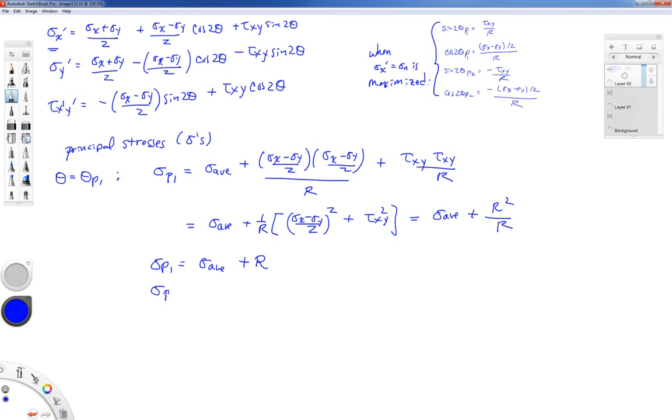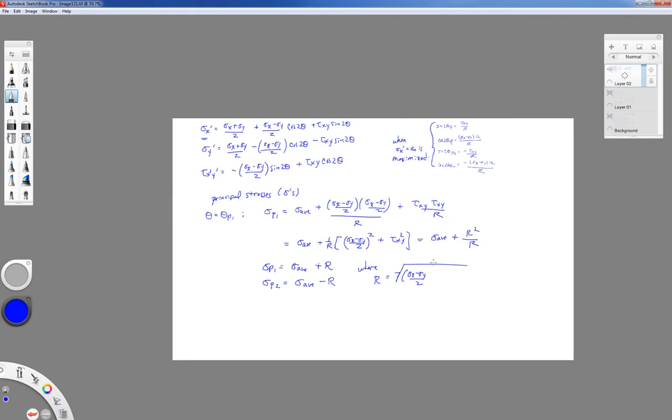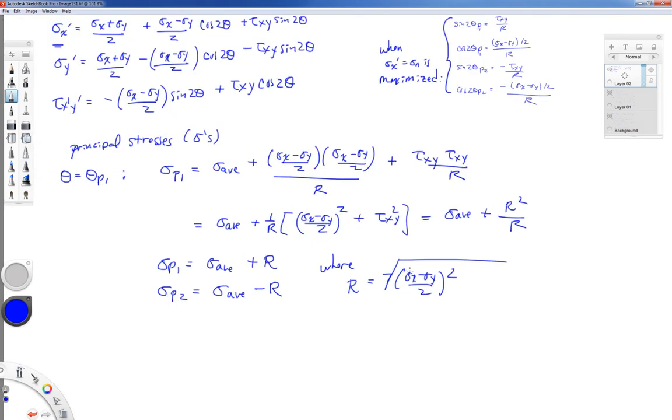For our second root, our minimum, sigma p2 would be equal to sigma average. And then the only thing that's different would be the negative sign in those expressions. So we have sigma average minus that quantity r. Let's go ahead and write down r, where r is equal to the square root of the quantity sigma x minus sigma y over 2, squared, plus tau xy, quantity squared.